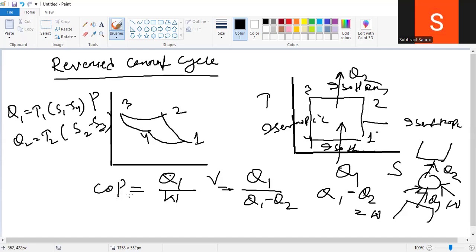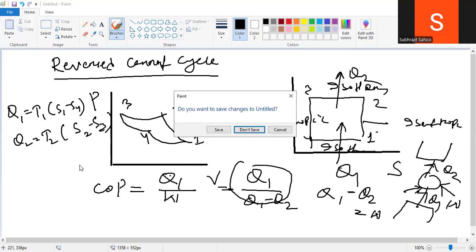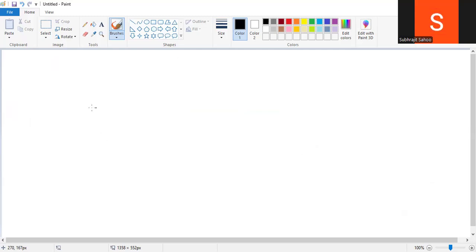Next, I have to put these values in this equation. If I put them, observe, what answer will I get? COP equals Q1 divided by Q1 minus Q2. Okay, the formula was output by input.